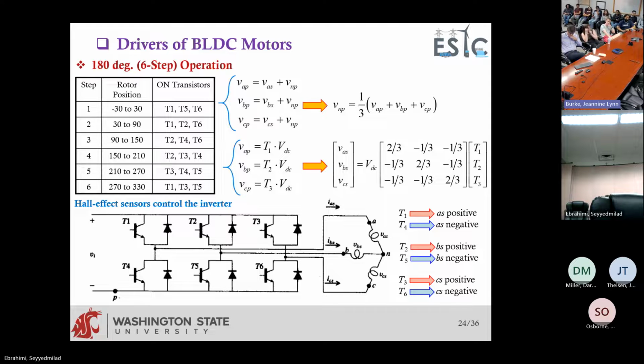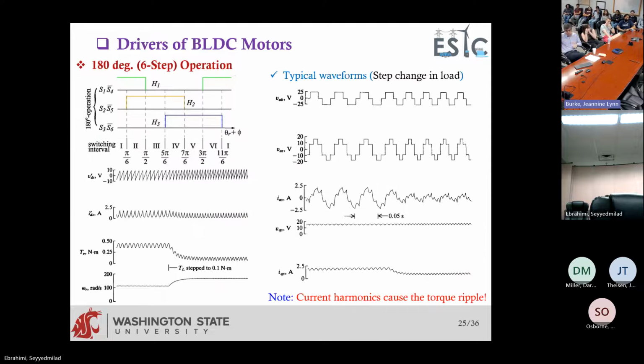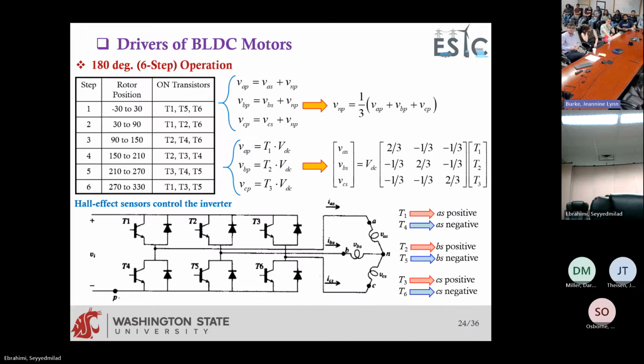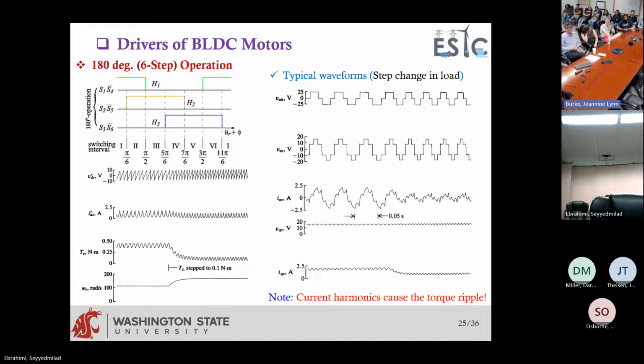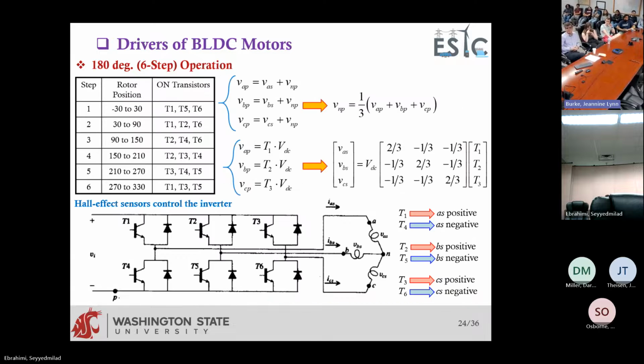The reason they are called 180-degree is that each of the switches here will be turned on for 180 degrees and turned off for 180 degrees. So these are the switching signals. The upper and lower switches here will be switched complementary, either on, off, on, off, on, off.